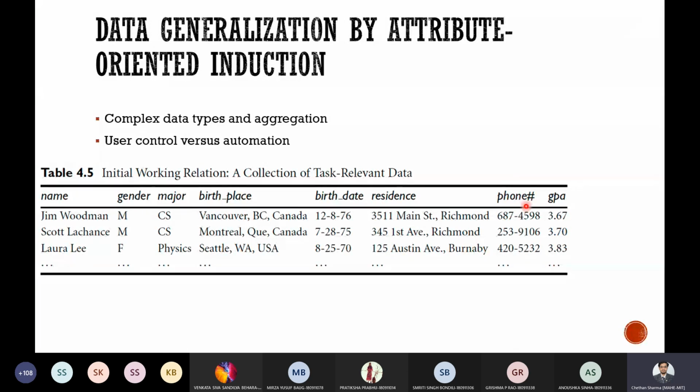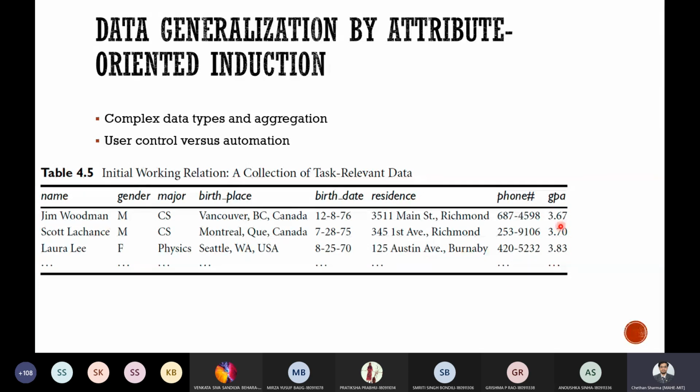Again, phone number might have too large a number of unique values, but you cannot think of any higher level for phone number. So you have to remove that attribute.